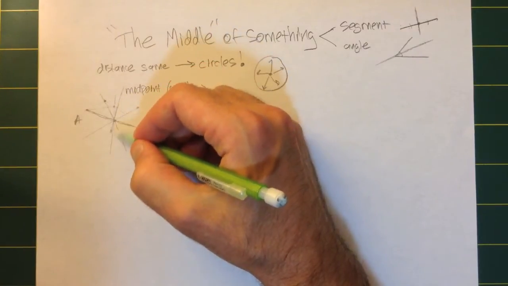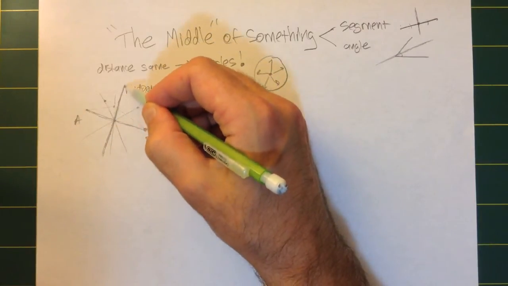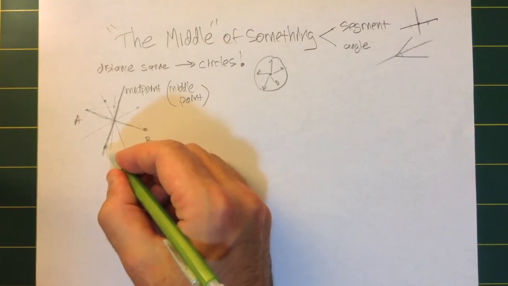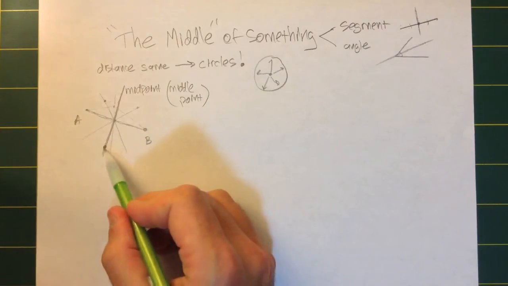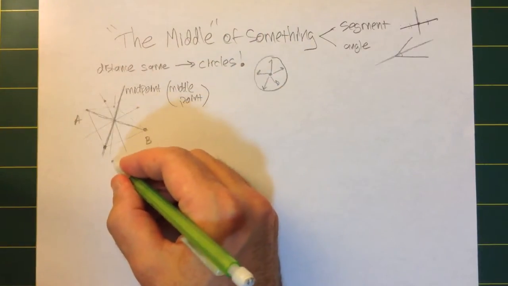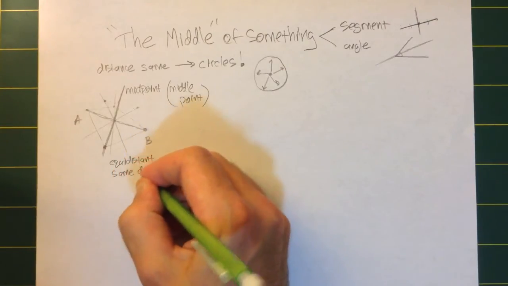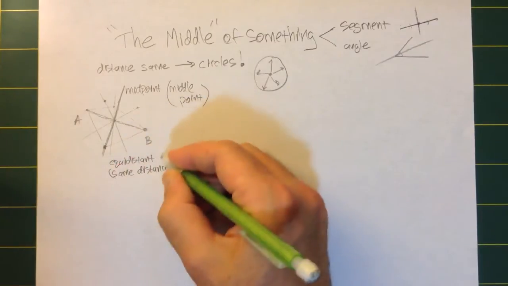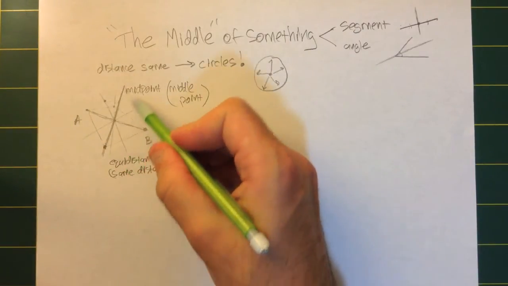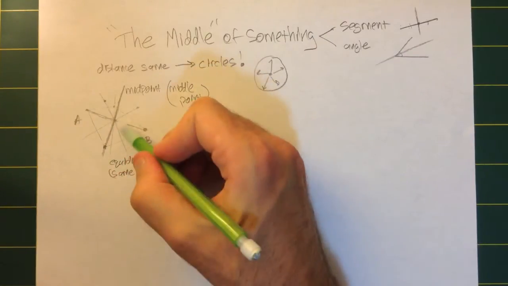There was a special line that passed through the midpoint and also satisfied this other very useful property, which is every point on this line, doesn't matter which point I pick, like if I pick this point, is equidistant from B as it is from A. That point right there is equidistant, which means same distance from A and B. If I could find this segment, create this segment, I know that when this segment passes through segment AB, it's going to hit the midpoint.